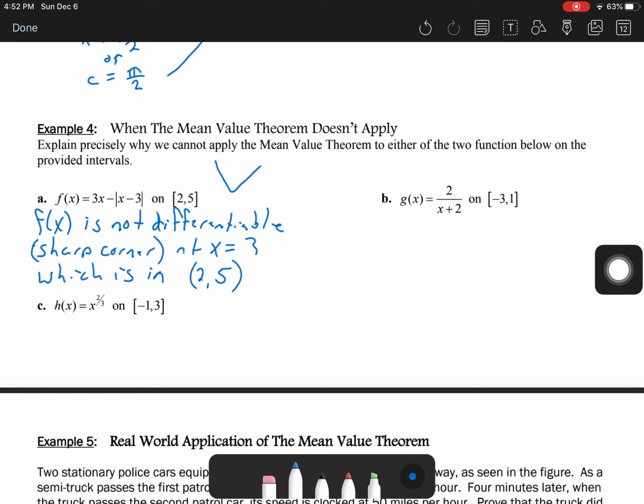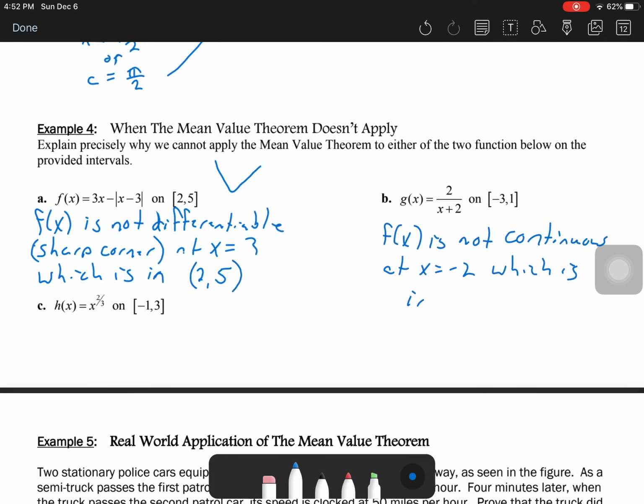Okay, so we're going to say f of x is not continuous, and we have to say specifically at x equals -2, which is in our closed interval -3 to 1.